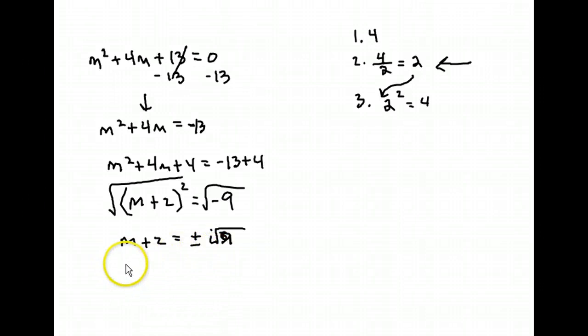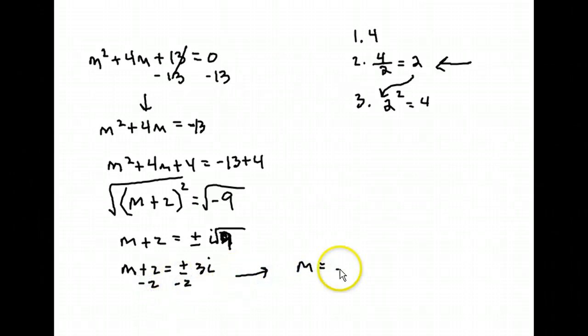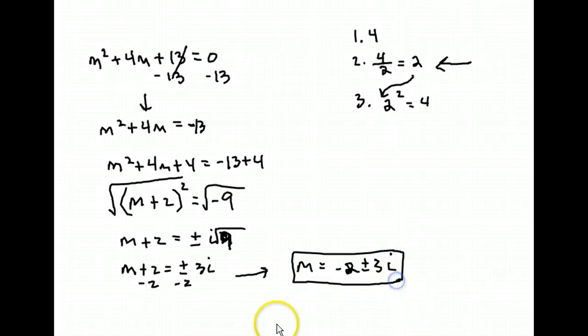And so since you have the square root of 9, you got m plus 2 equal plus or minus 3i, because square root of 9 will just give you 3 out. And so you subtract 2 from both sides, and what you'll end up having is m is equal to negative 2 plus or minus 3i. And this is your solution.